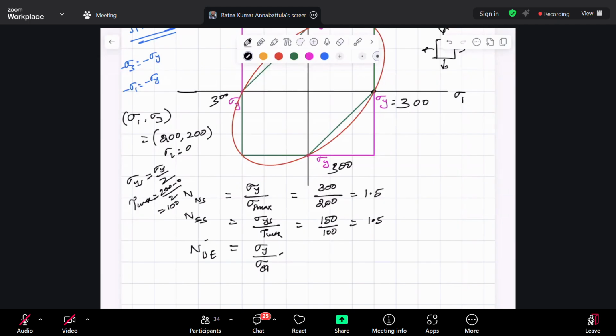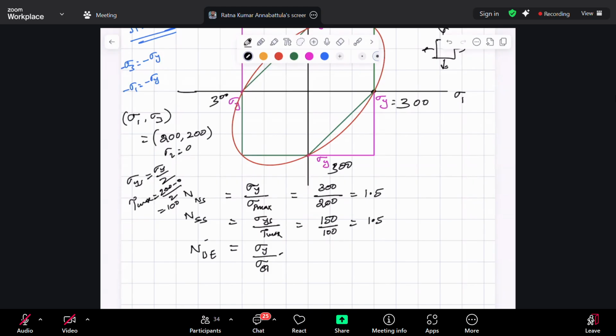So it is not 200. Now it is 173.2. So what is the factor of safety? 1.732 is what I'm getting. So you are getting a higher factor of safety.